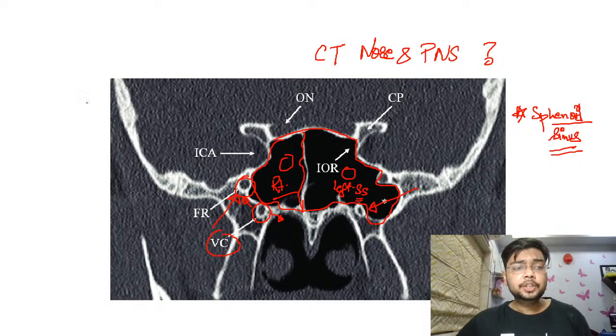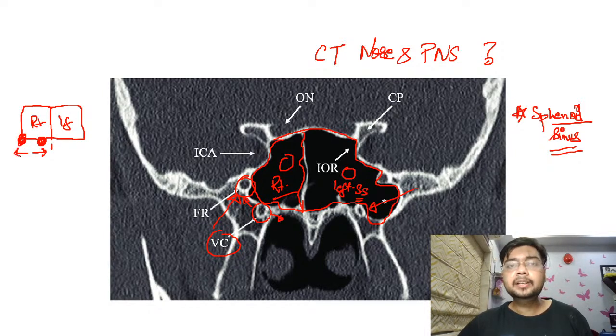So this is the short way of remembering it. If you assume this as a sphenoid sinus, right and left, then the vidian canal will be towards the midline or medial, and your foramen rotundum will be laterally placed. So here will be your foramen rotundum and here is your vidian canal. So on both sides similar things, vidian canal medially and foramen rotundum laterally.